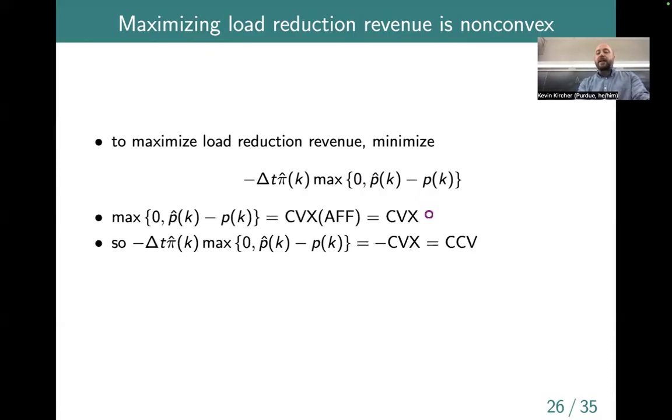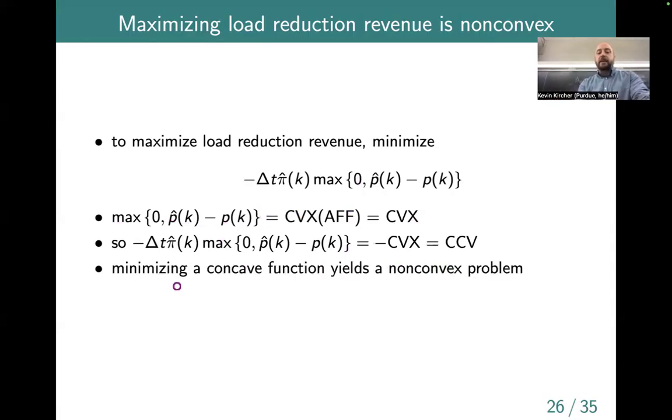Okay, but if we apply our composition rules here, we find this thing, the max of 0 and the load reduction, is a convex function of an affine function. So this is in fact convex. But we are multiplying that by a negative sign, and the negative of a convex function is a concave function. So this means that we are trying to minimize a concave function.